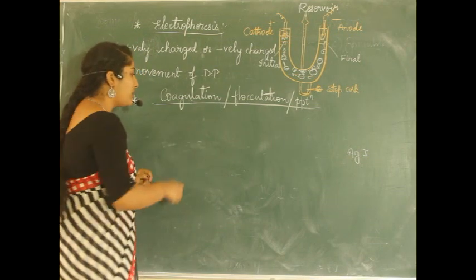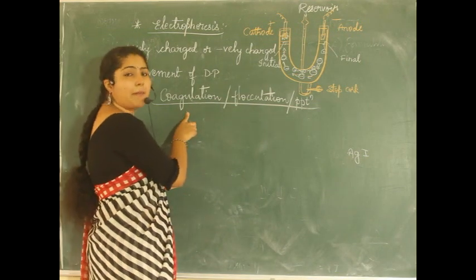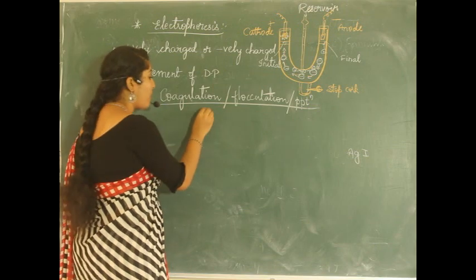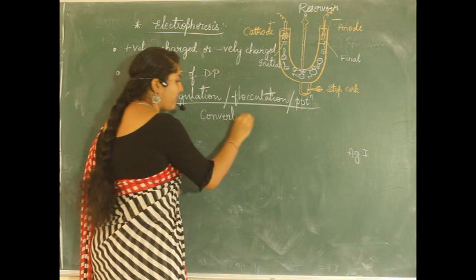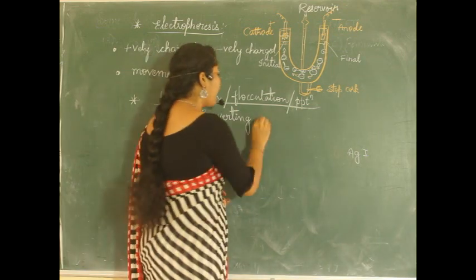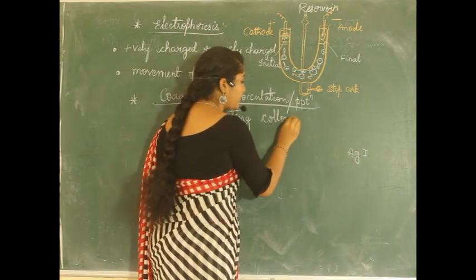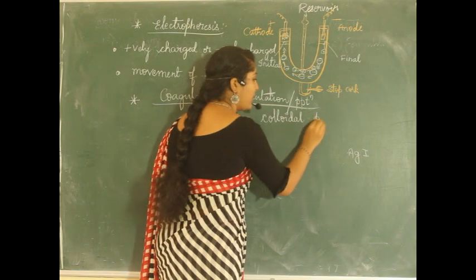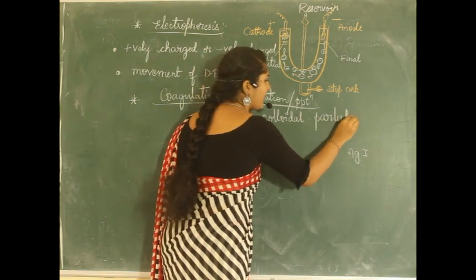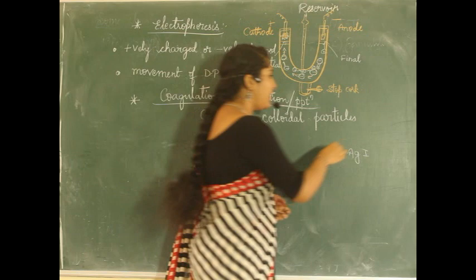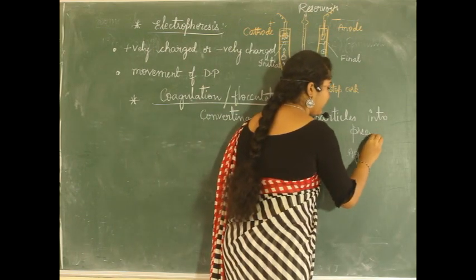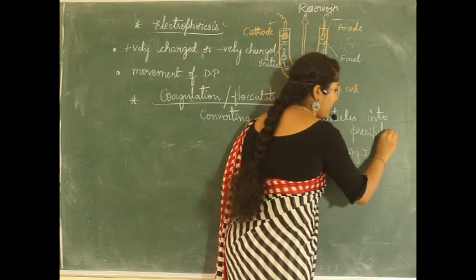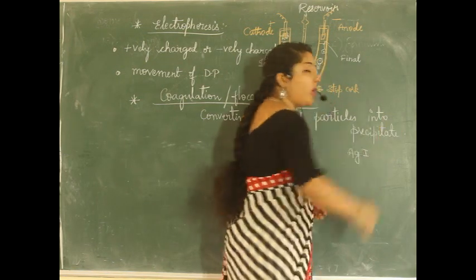In coagulation, the process of converting colloidal particles, or simply the process of converting colloids into precipitate, is called coagulation.